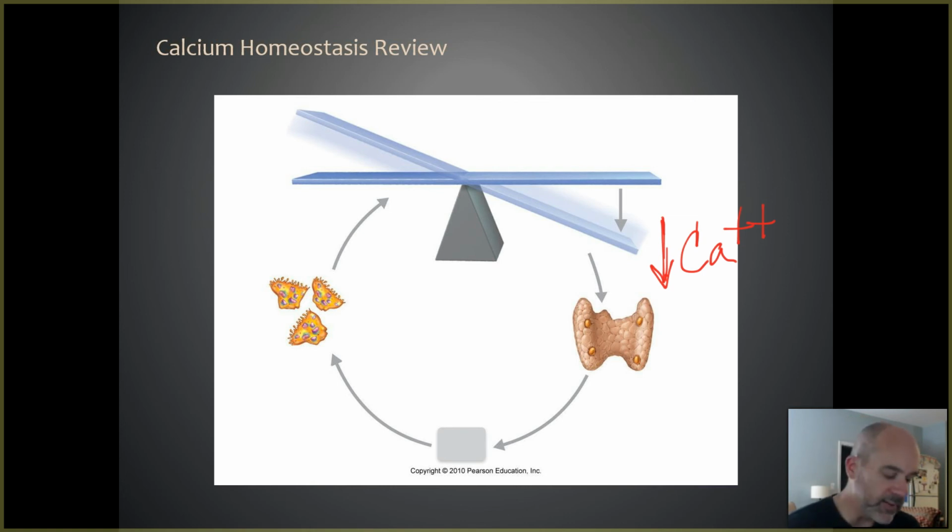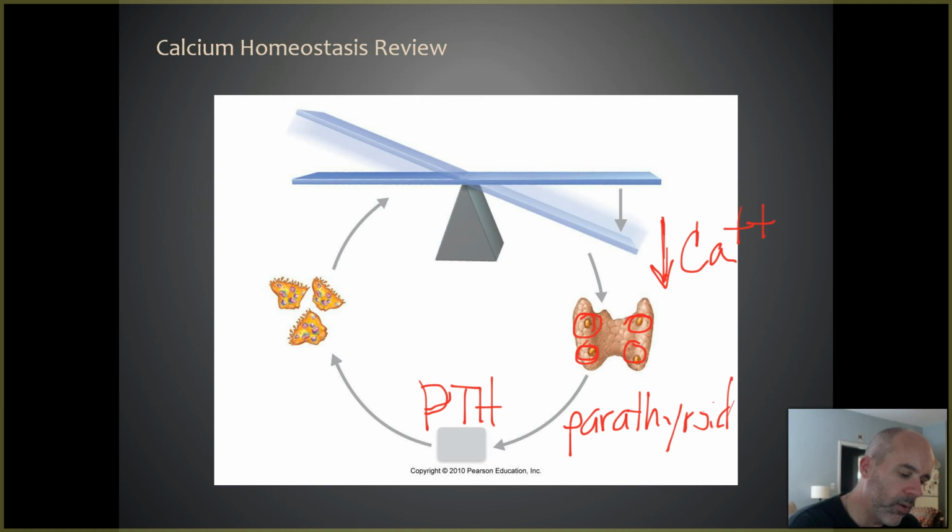And all right, so you got these little bitty glands on the back of your thyroid gland called the parathyroid glands. Most people have 4 of those, and they detect calcium levels. So when calcium levels drop, you have cells in those parathyroid glands that release a hormone called PTH, which is an abbreviation for parathyroid hormone.